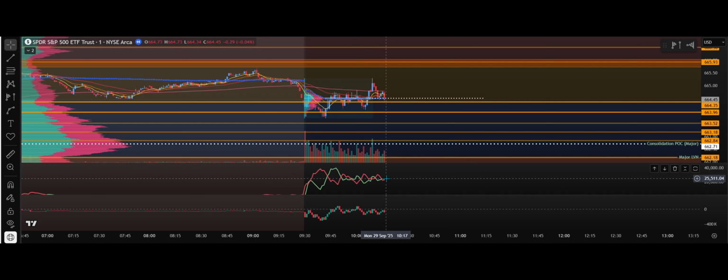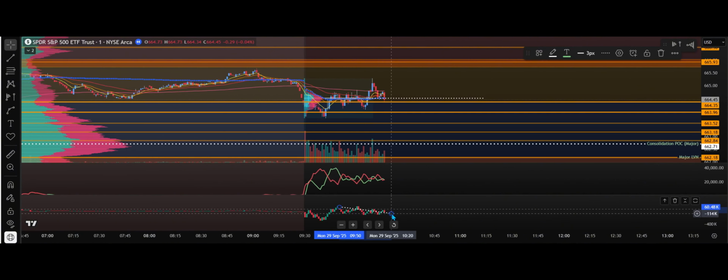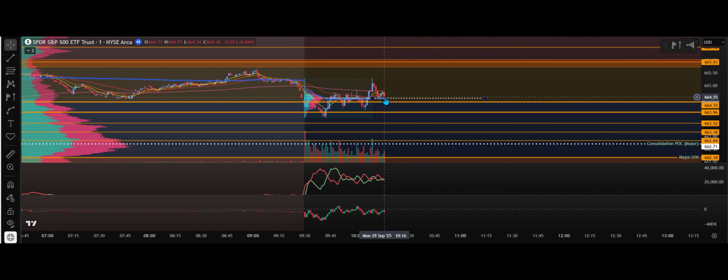However, volume in terms of buy and sell volume is a little choppy here. Buyers aren't really hopping into this right now. Same thing with Delta. Delta's actually flat or a little bit downward there. So I'm not going to enter this. You can even see at the end of this candle, price pushes back down below VWAP as well. So let's keep waiting.